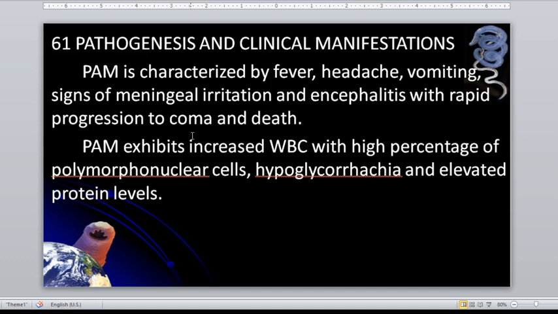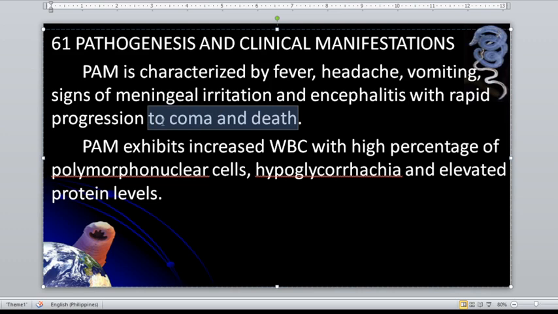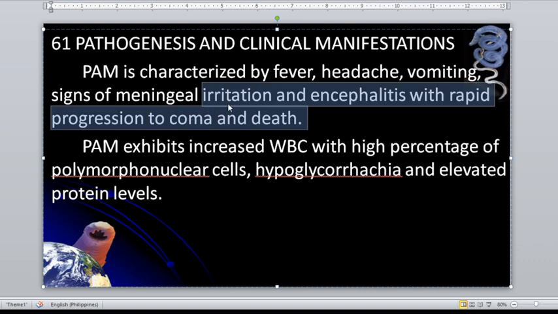PAM is characterized by fever, headache, vomiting, signs of meningeal irritation, and encephalitis with rapid progression to coma and death. The incubation period is, I think, up to 10 days. So most likely, the individual will die within the 10 days period.